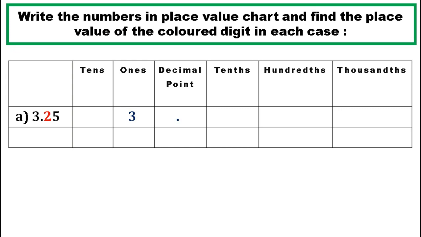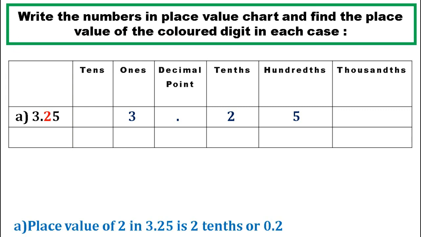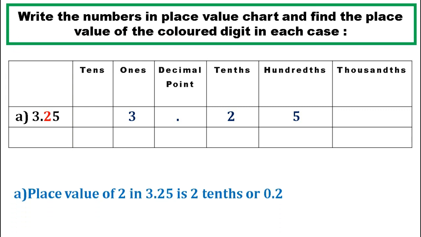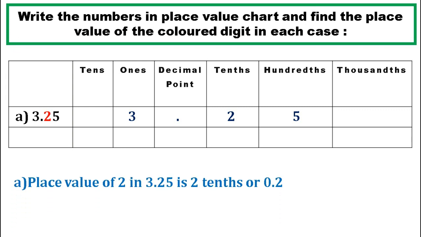The next digit after the decimal point is 2, which we write under the tenths place, and the last digit 5 under the hundredths place. Since 2 is the colored digit, the place value of 2 in 3.25 is 2 tenths, or we can also write the place value of 2 as 0.2.